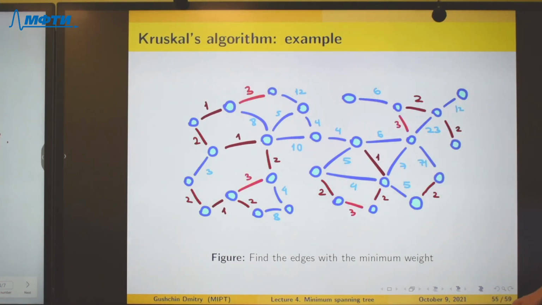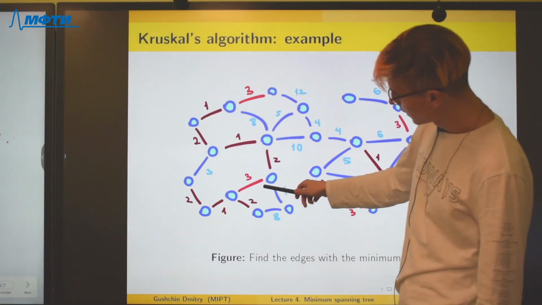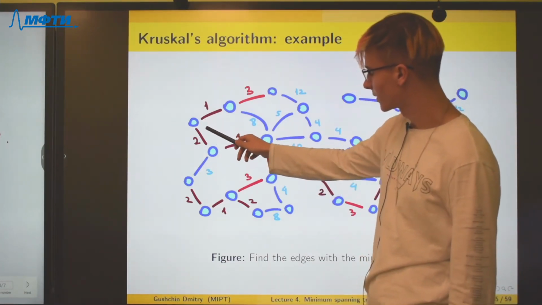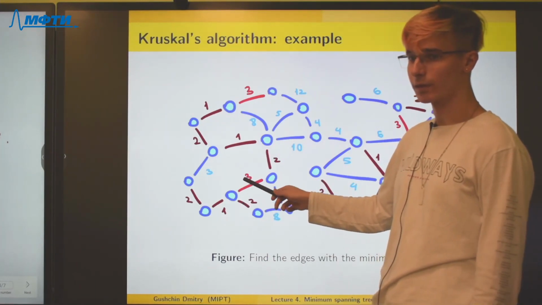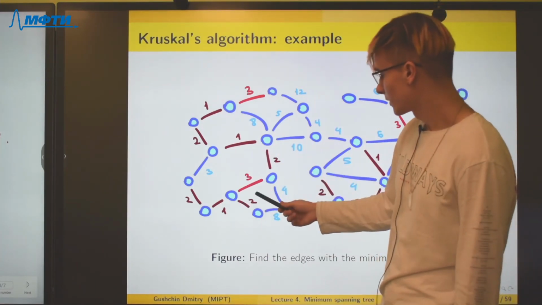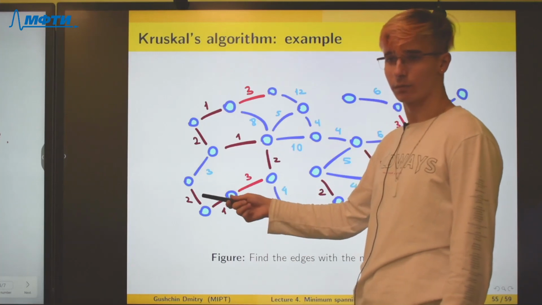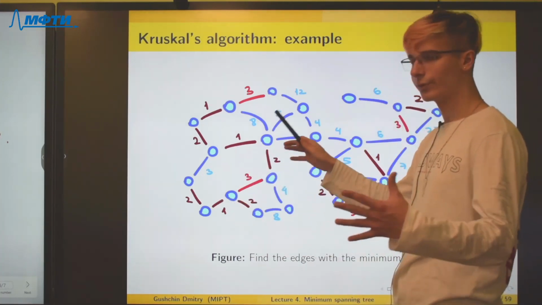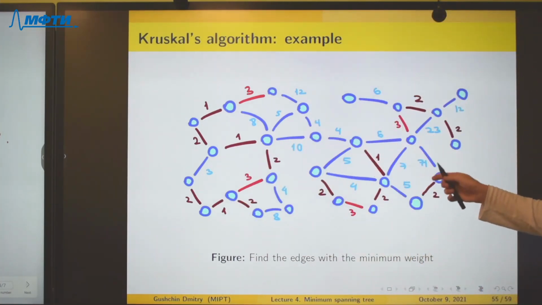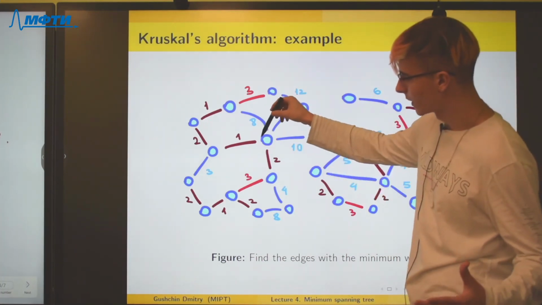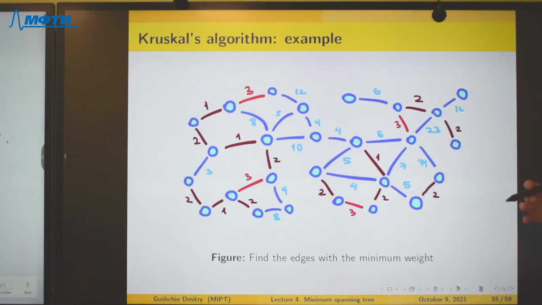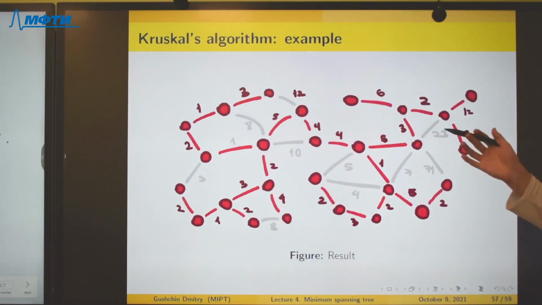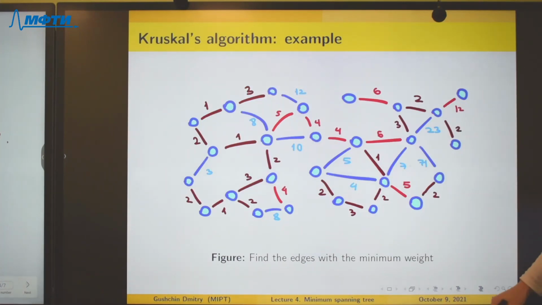And for example, for weights 3, you can see that there are two edges that connect two components with the weight equal to 3. And we choose one of them. If we have 2 or 3 or more edges that can connect different components in one step, we choose one of them randomly, for example. And then we get our minimal spanning tree in some steps.